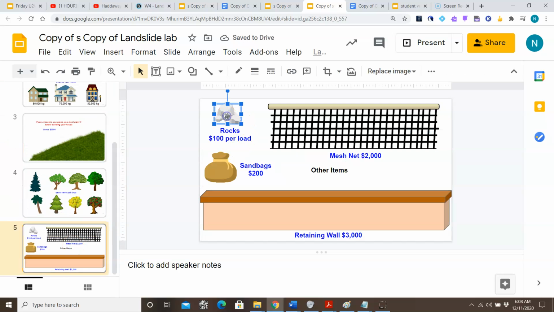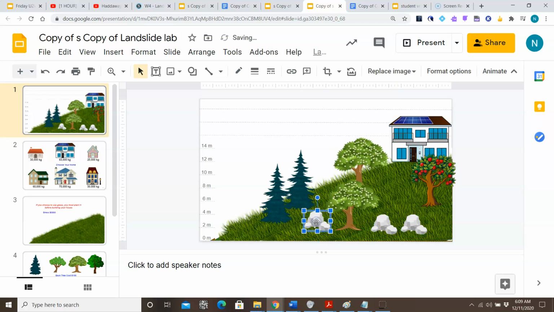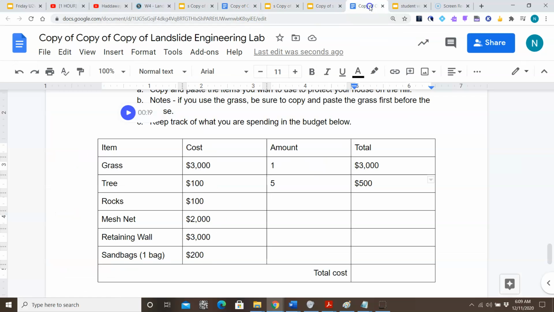I click on that, Control C, and Control V. Great, I have a rock here. I'm going to do a few more: 1, 2, 3. Let's do 4 rocks. So I've used 4 rocks, that's 1, 2, 3, 4. In my budget, it's 4 rocks, so that's 100 times 4. That's 400.